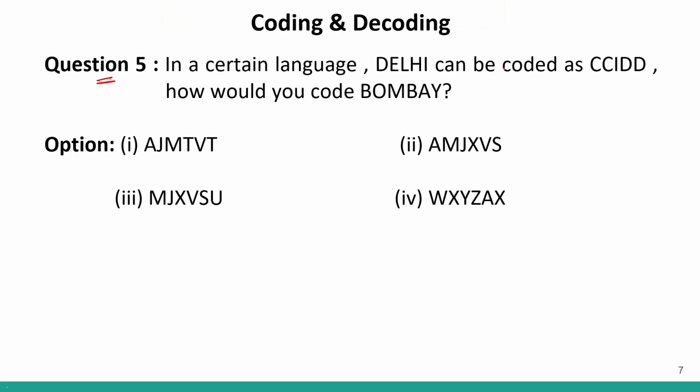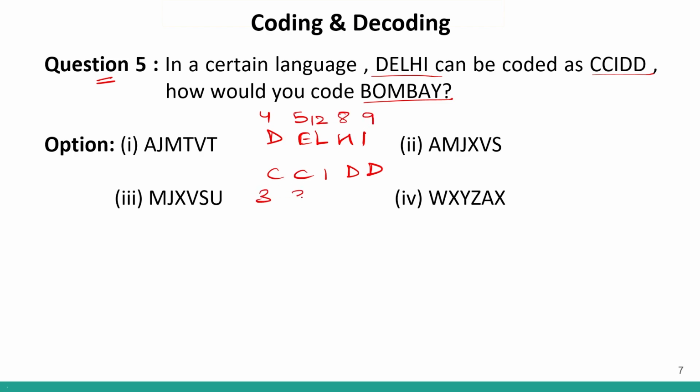Question number 5, Delhi is coded like this. We have to find how Bombay will be coded in that language. So I will start by writing Delhi, correct? And beneath this, I will write CCIDD. So D is 4, E is 5, L is 12, H is 8, I is 9.